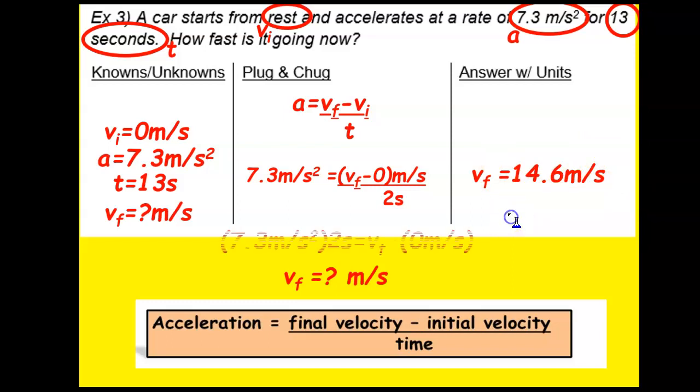Again, I'll show you mathematically what you're doing. I have Vf minus 0 meters per second, so that's Vf. And I get rid of the 13 seconds since I'm having it divided here. I'm multiplying by 13 on this side, and I'm multiplying it on this side. So my Vf is 94.9 meters per second.